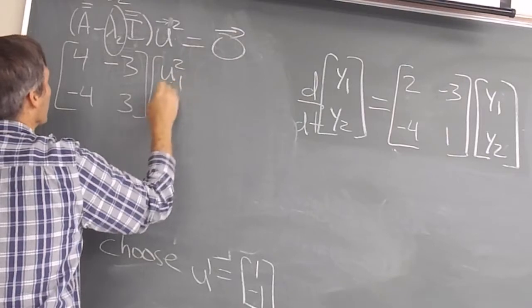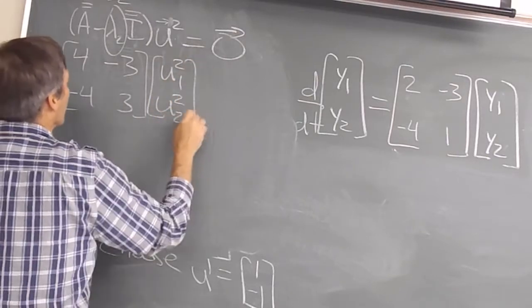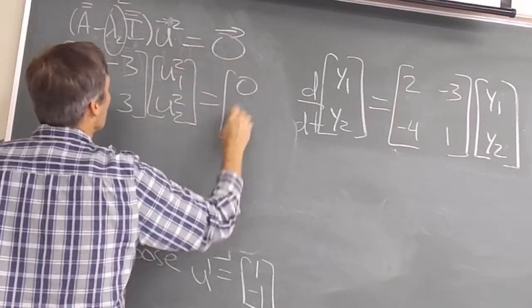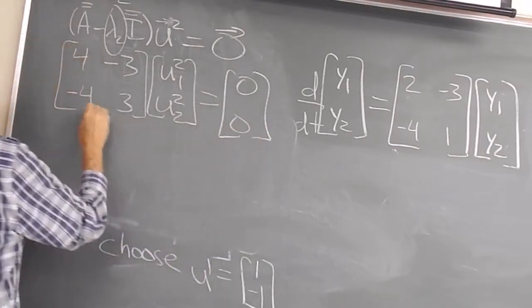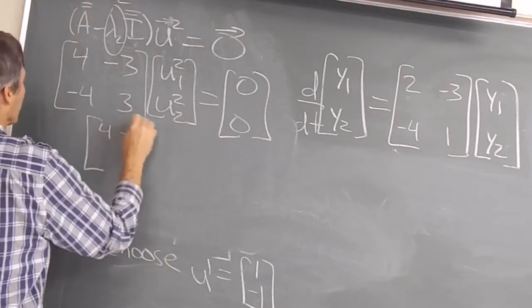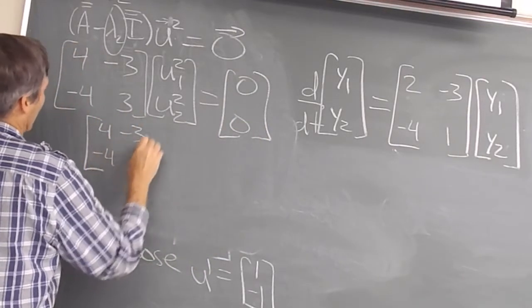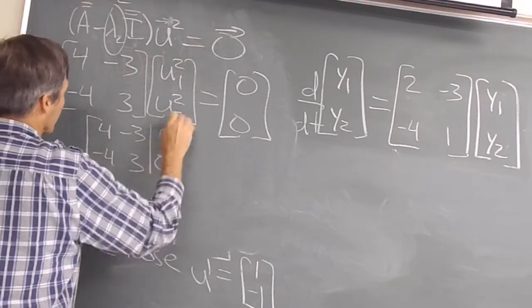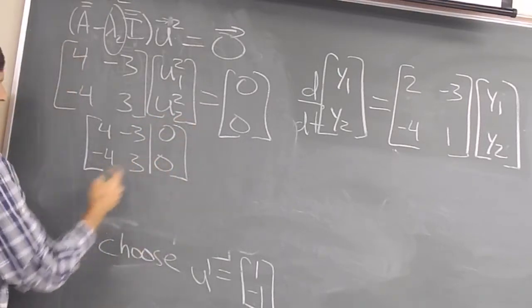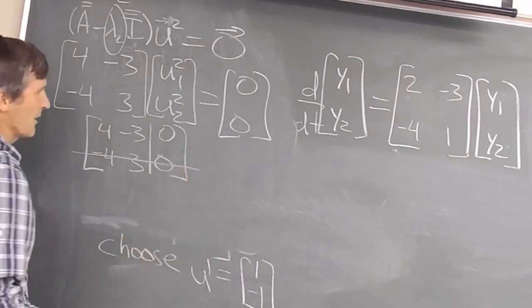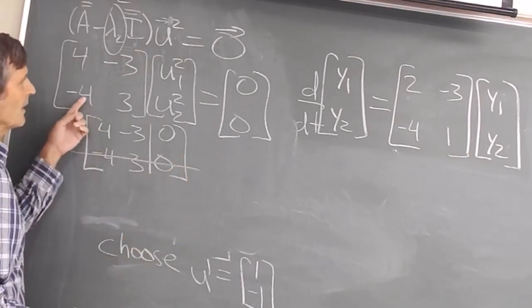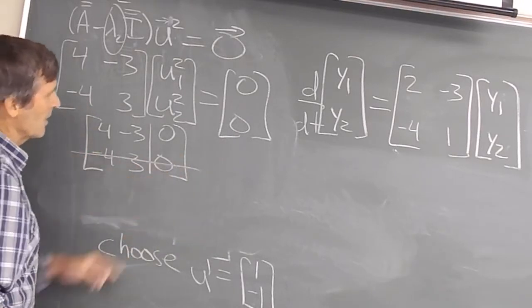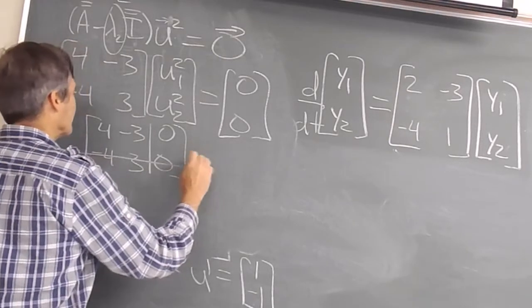It has 2 components. And all this has to add up to 0. So we write that in augmented form, 4, minus 3, minus 4, 3, 0, 0. You observe, again, the second row is just a multiple of the first one, so it falls out. If you did your computations correctly for eigenvectors, the second row should always fall out.